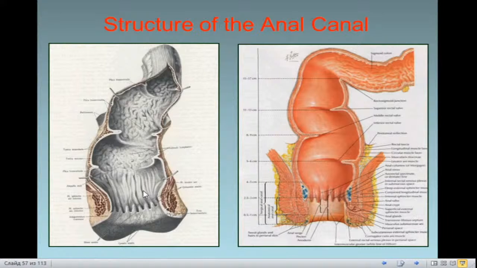Because it develops from a different source, the blood supply of the rectum is also different.